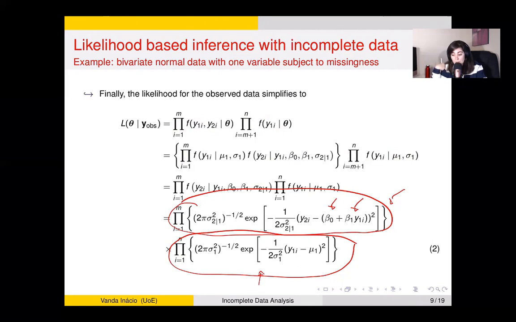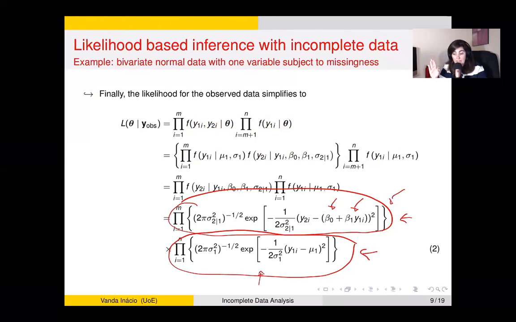Basically, what we have seen is that after I factorize my joint distribution as the product of the conditional times the marginal, and because the parameters in these two factors are distinct, and also the new set of parameters is in a one-to-one correspondence with the original, I can maximize these two pieces separately, and so I need only solve two simple problems.